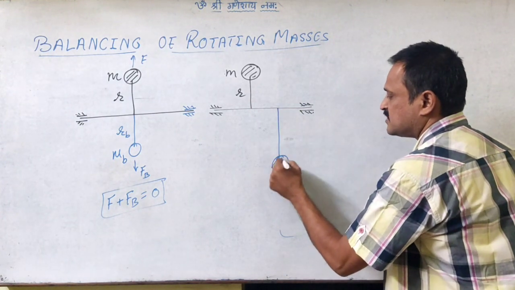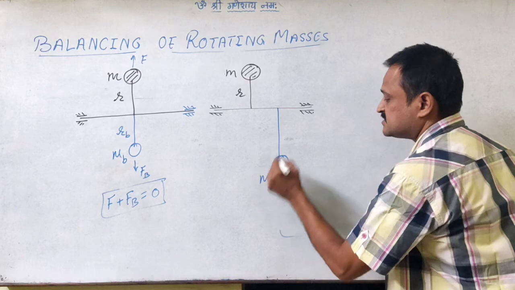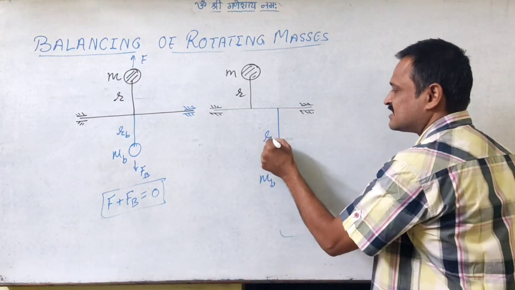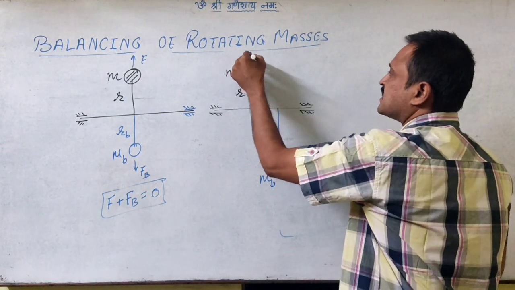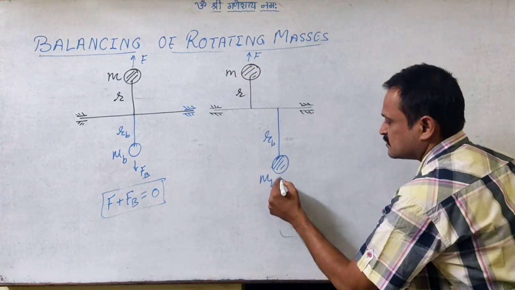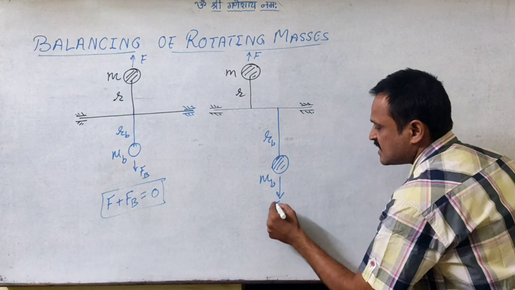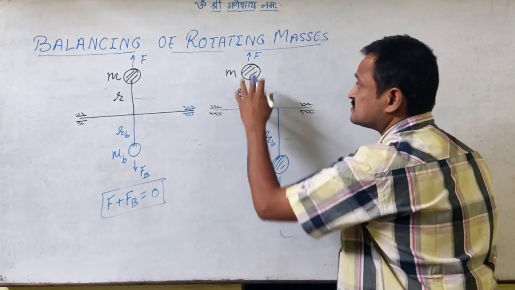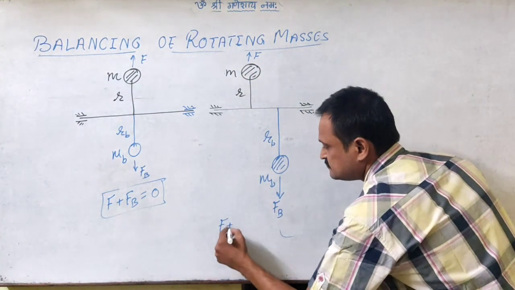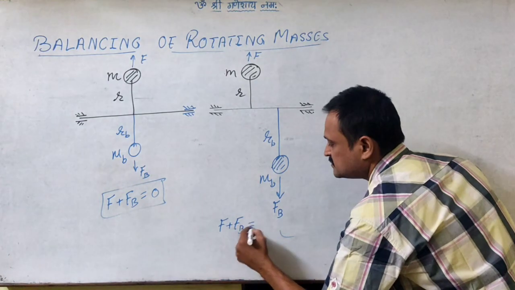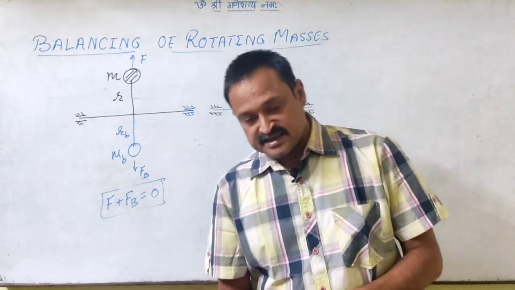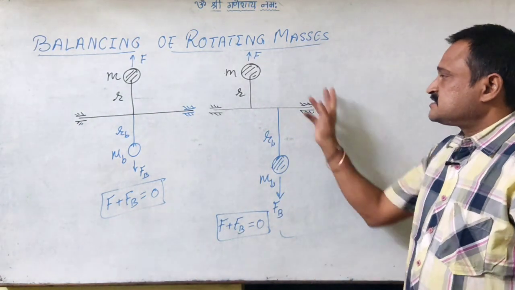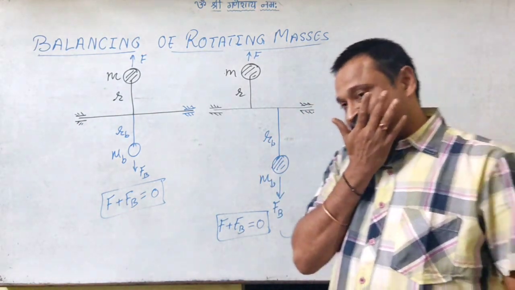I select another plane of rotation where I am placing this balancing mass at some radius, and we are ensuring that the summation of the disturbing force and the balancing force is again 0. So if this is the case, the system is definitely balanced.